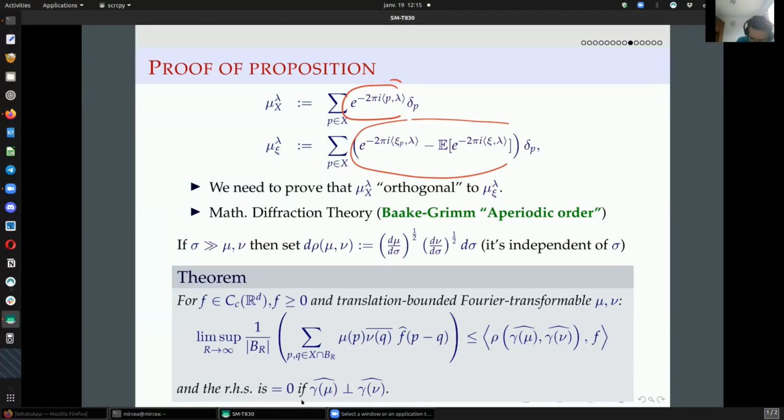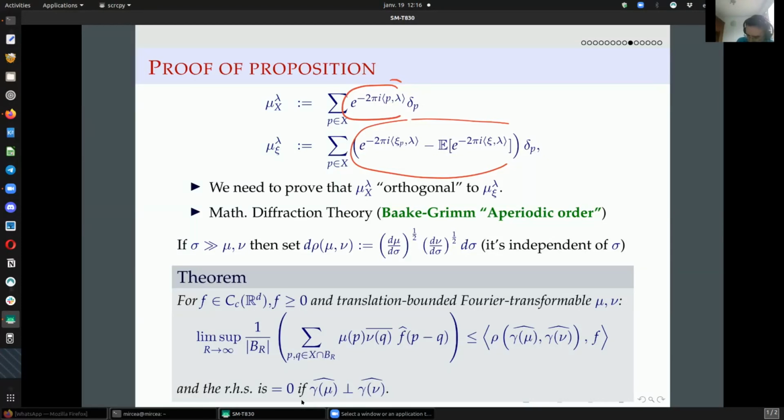And I have this theorem, which has two parts. One part is that when I have a sum like this, I take any compactly supported function f, and then I take these averages, which are the Fourier transform of f tested against mu tensor nu conjugate and integrated over and summed over this ball.